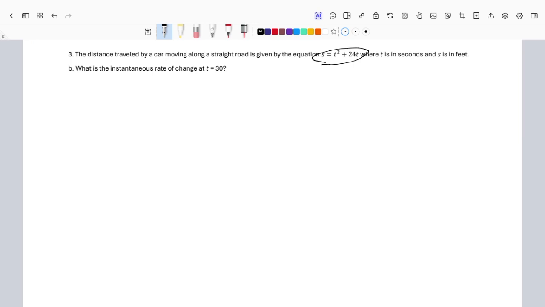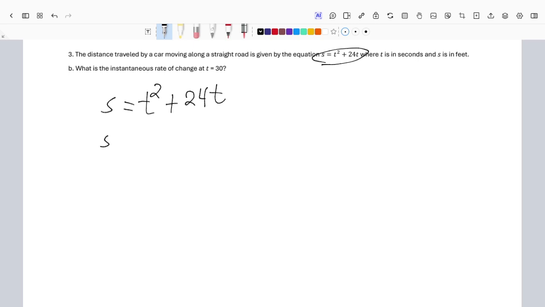For this, let's put our original function equation. So we need to get the instantaneous rate of change at t equal to 30.